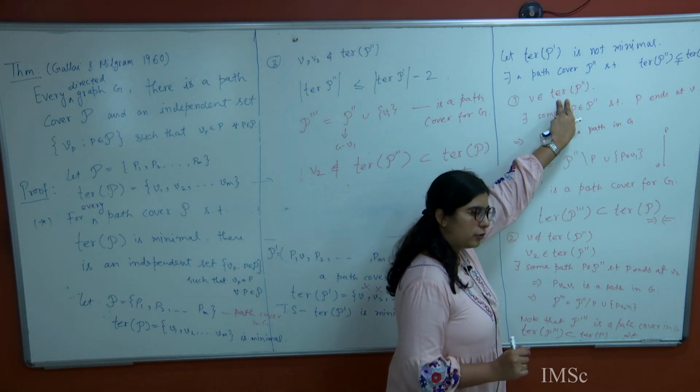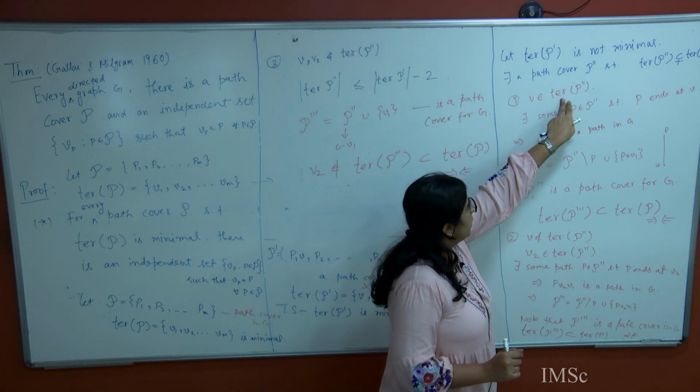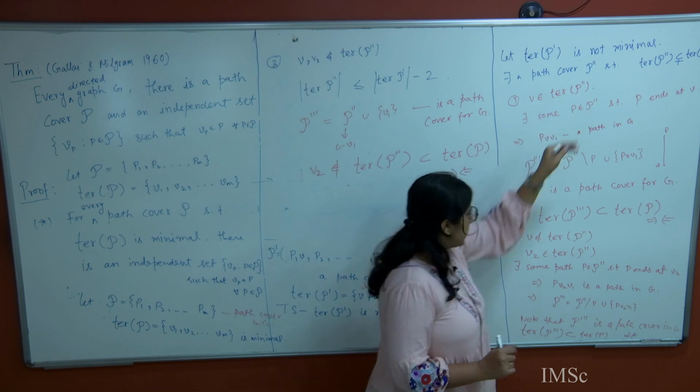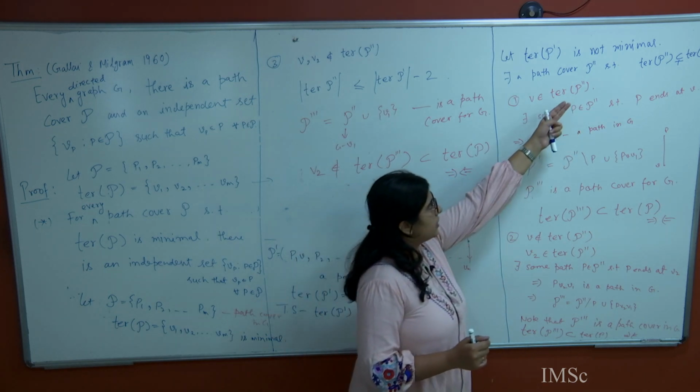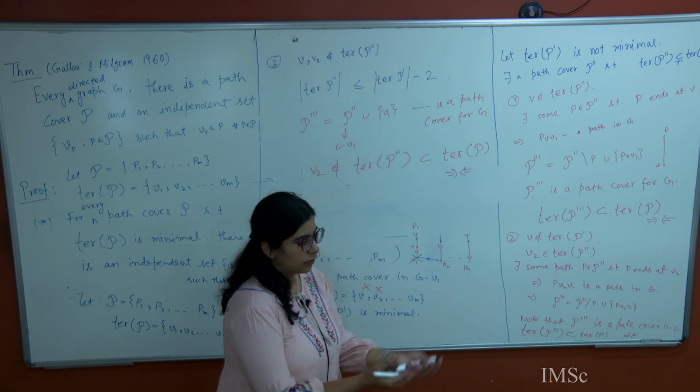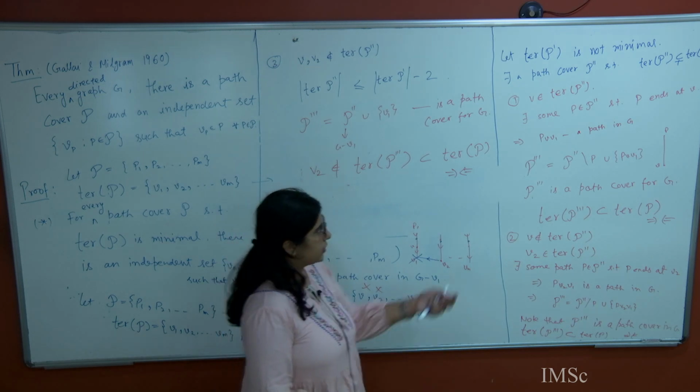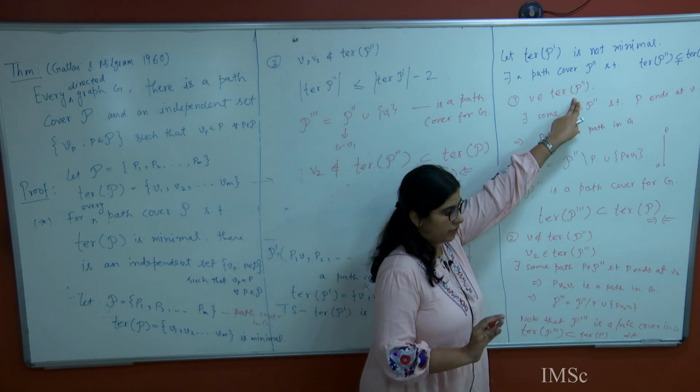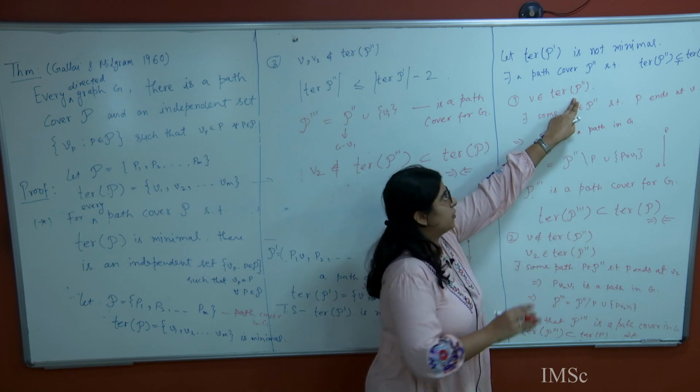If V belongs to the new terminal set, then I can extend this path cover to a path cover for my graph G, because this path cover is for G minus V1. We were working in G minus V1.